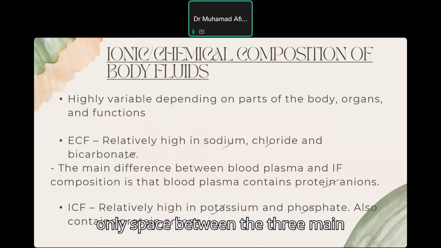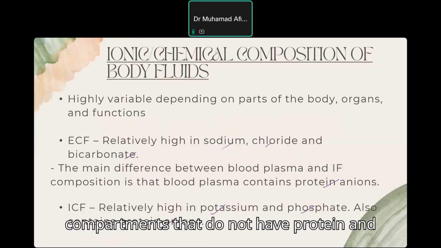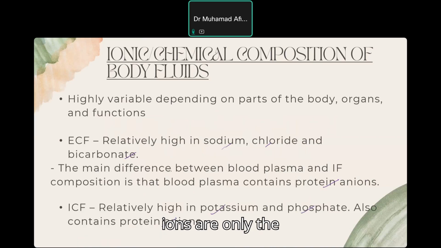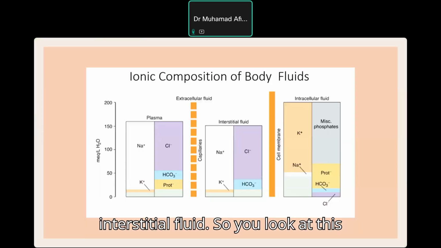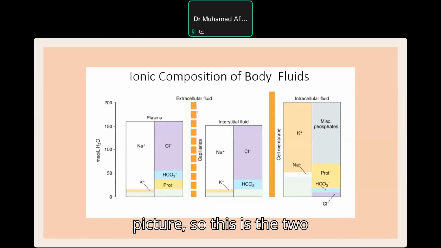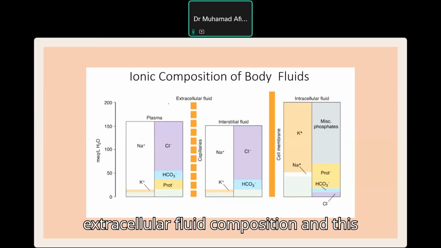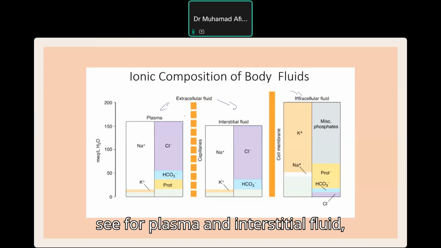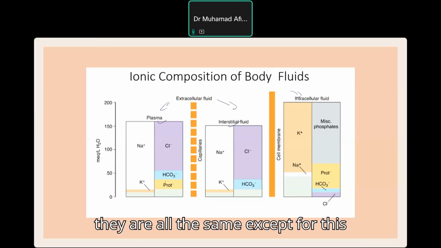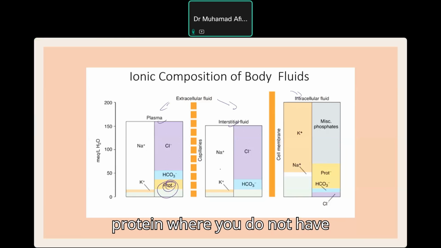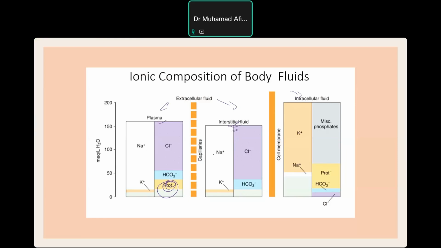So the only space among the three main compartments that does not have protein and ions is the interstitial fluid. Looking at this picture, these are the two extracellular fluid compositions, and this is your intracellular fluid. You can see that plasma and interstitial fluid are all the same except for protein, which you do not have in your interstitial fluid.